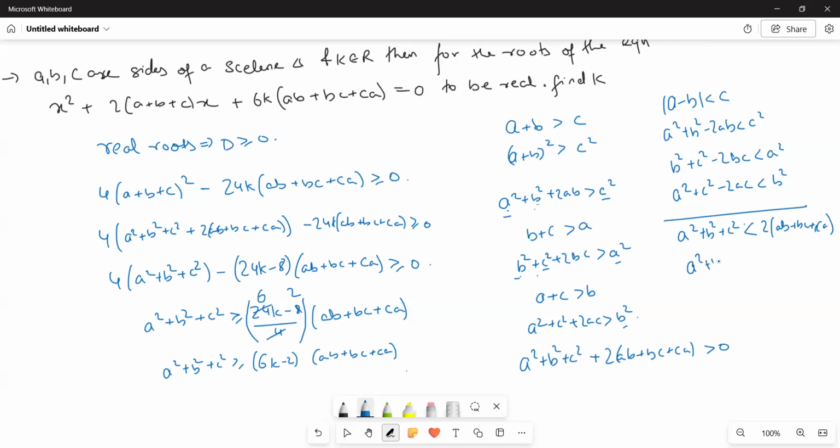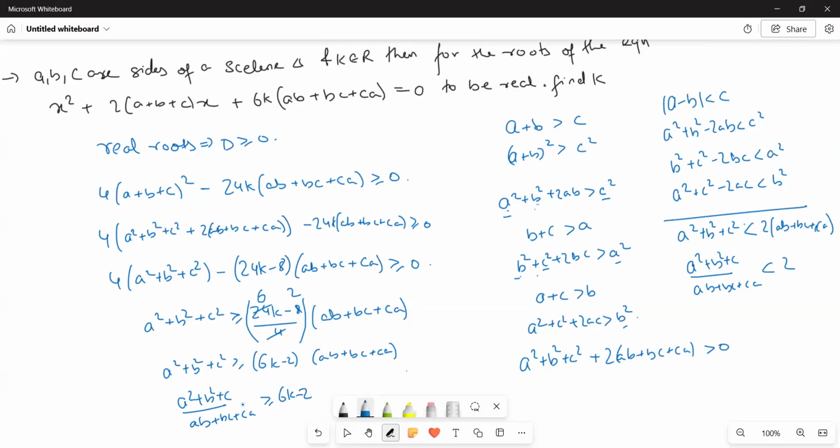Or this would be A square plus B square plus C square by AB plus BC plus CA is less than 2. So here, this is A square plus B square plus C square by AB plus BC plus CA is greater than equal to 6K minus 2.